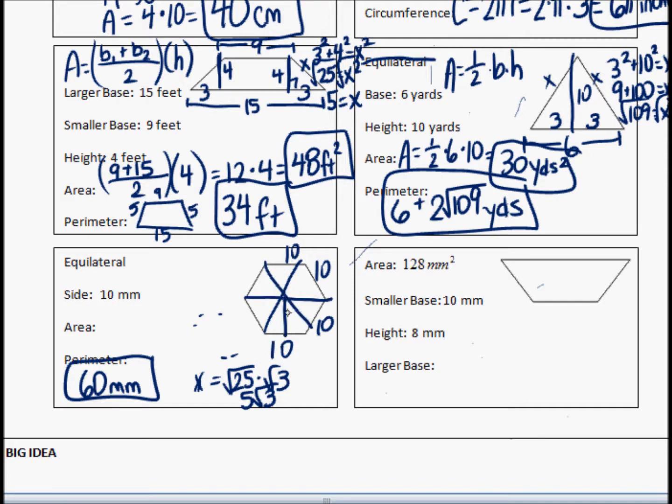So the area is, there's 6 of them, so I'm going to do 6 times 1/2 base, which is 10, and the height, which is 5 root 3. So 6 times half times 10 times 5 root 3 ends up equaling 150 root 3 millimeters squared.